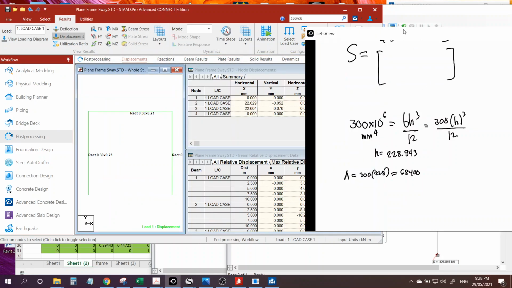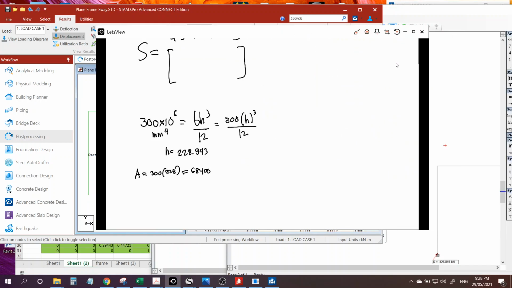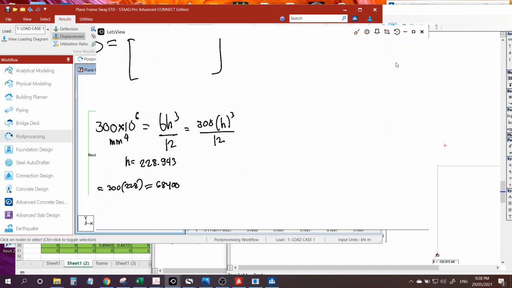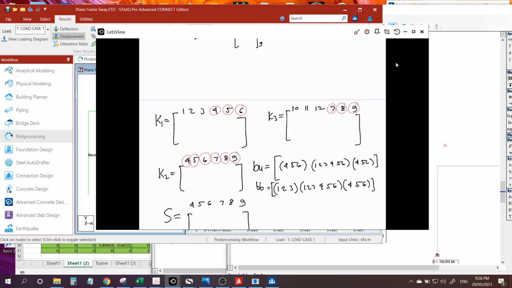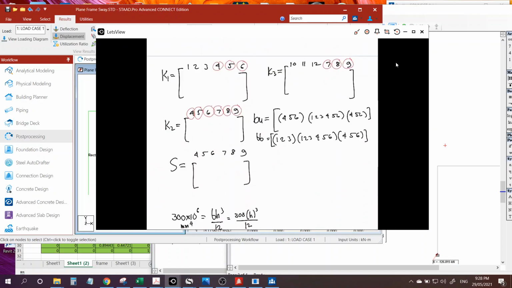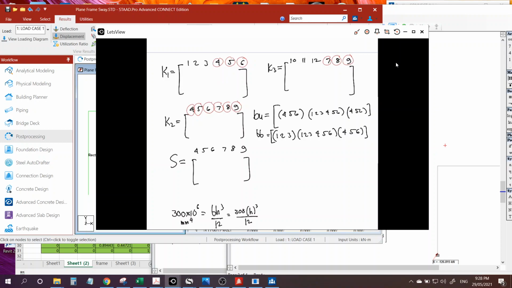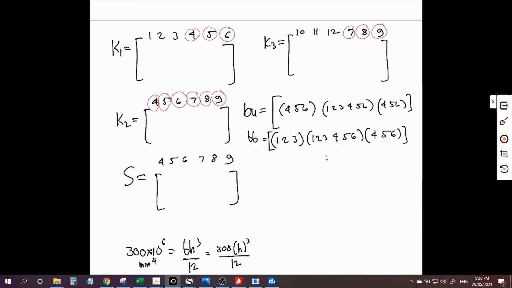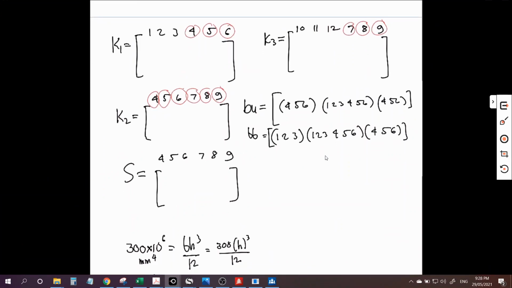But by the way, let's discuss the coding. So how's the coding? So this is a 3-member frame.